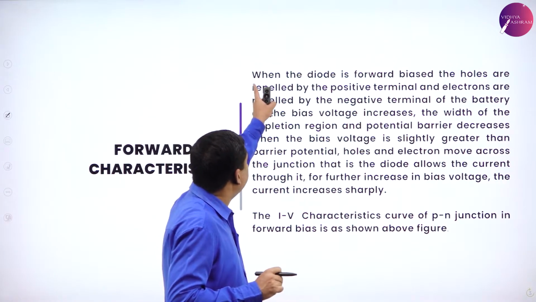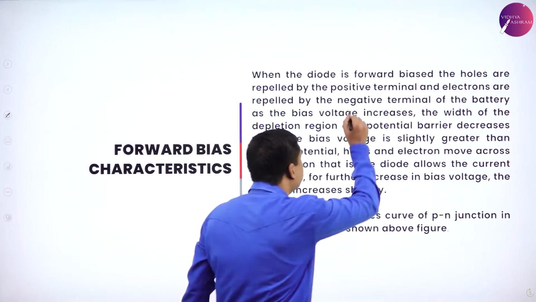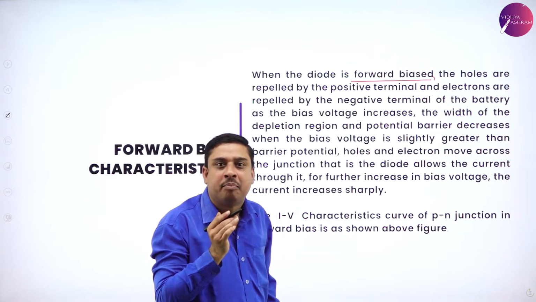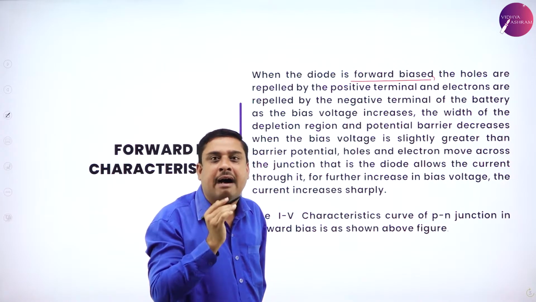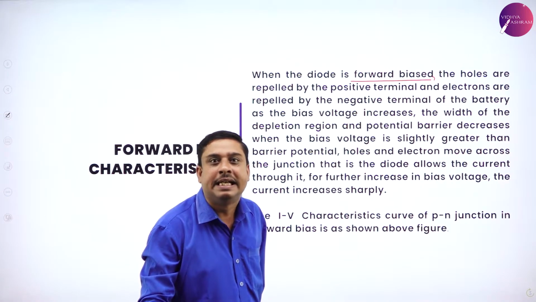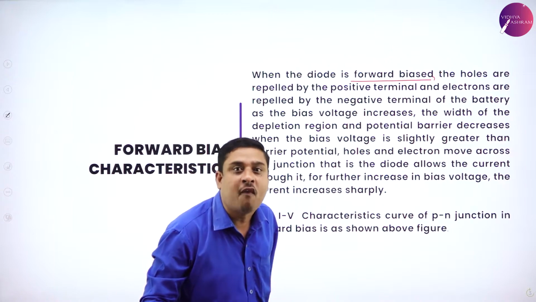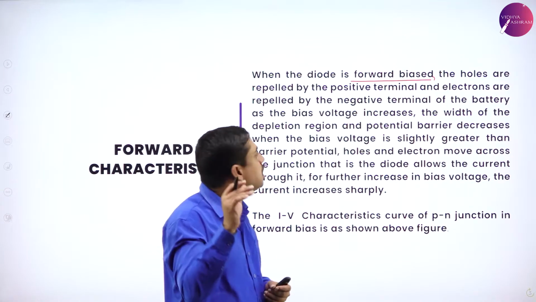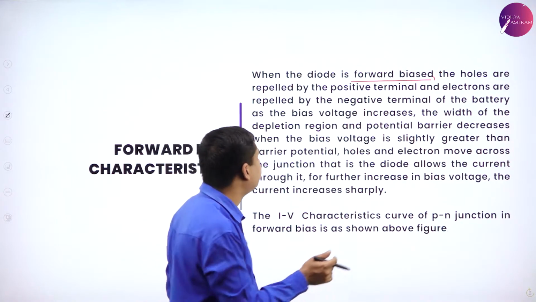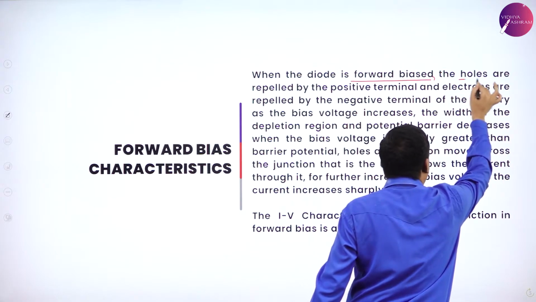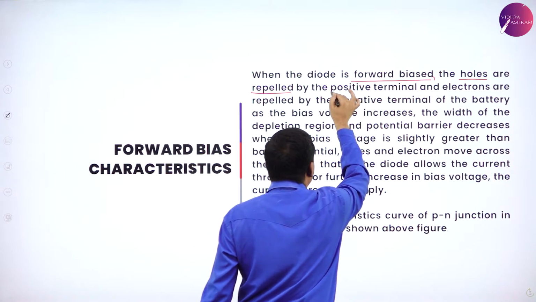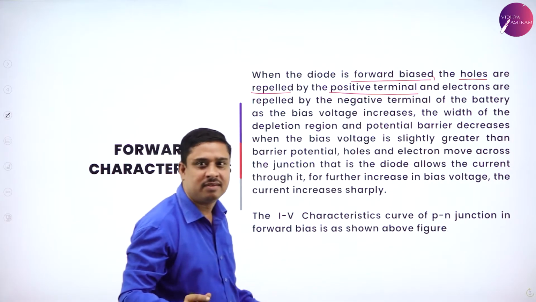Now, I am considering a condition where the given diode is forward biased. When the diode is forward biased, the holes are repelled by the positive terminal.